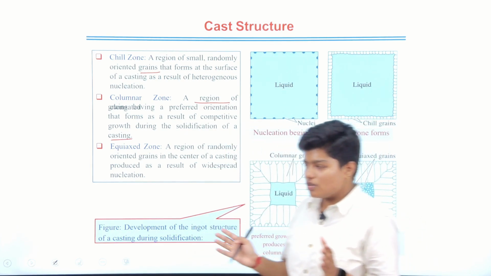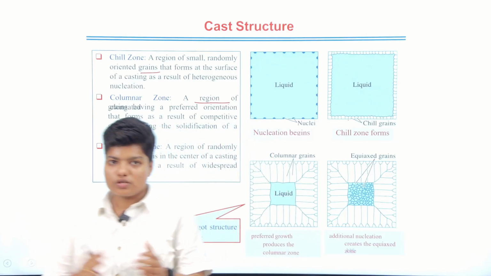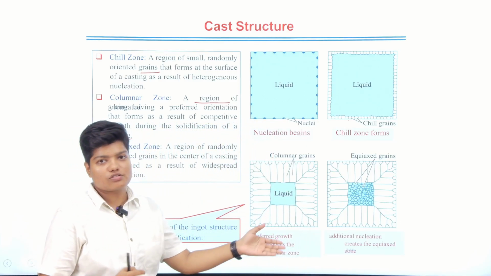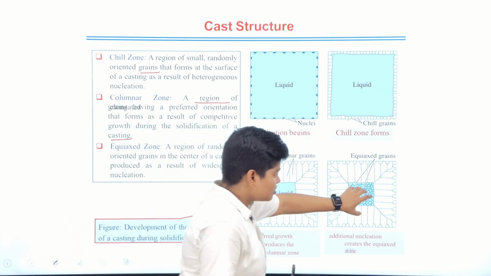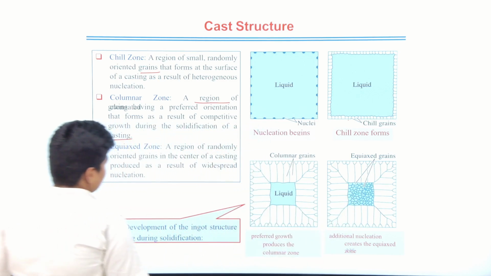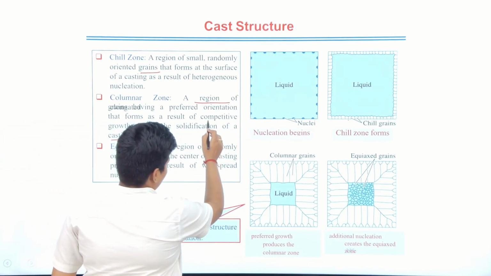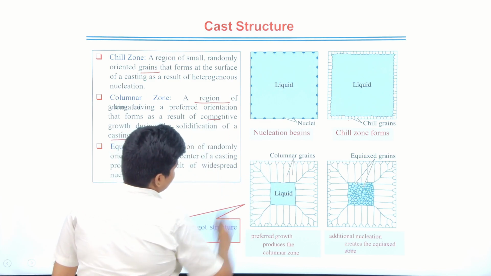There will not be some definite orientation, there will be some mismatch of orientation. Some will form at the surface, some towards the center, and some in the center. So due to the competitive orientation, the columnar grains are formed.